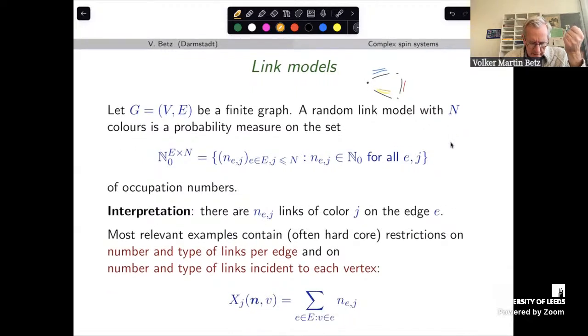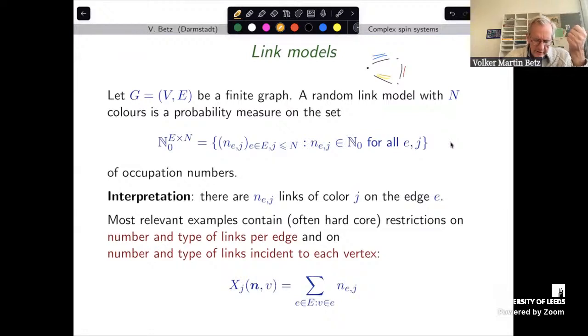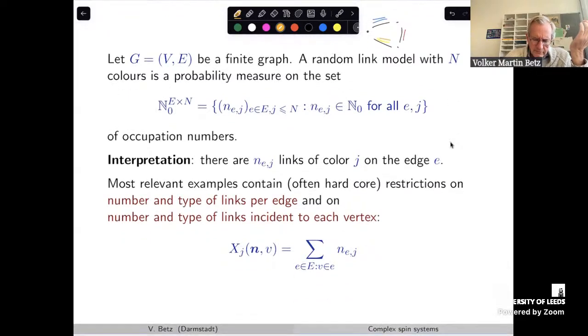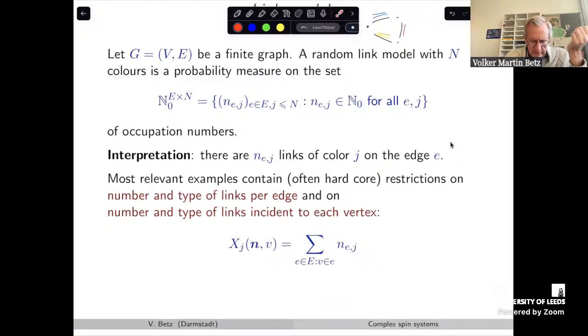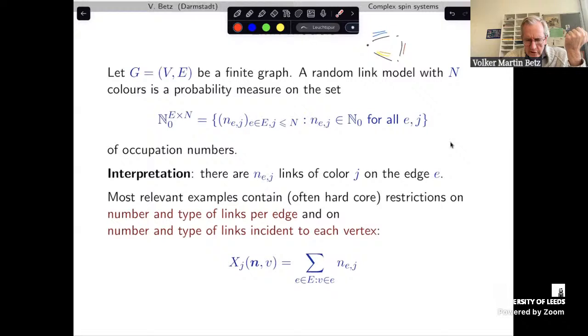What is usually the case is that you place hardcore restrictions on the types of colors of links that you can place. The typical restriction is that you prevent edges from having too many links or too many different colors. But if you don't do anything but that, then things are just independent.